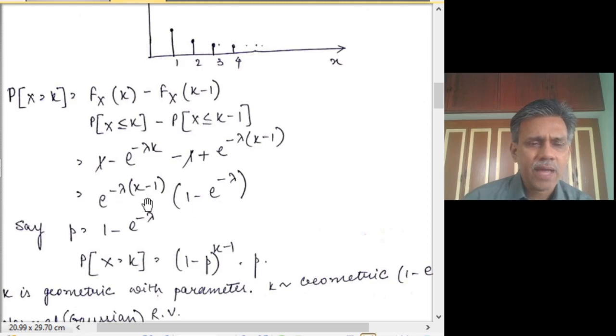So if you look carefully at this one, then if you call this factor p, this factor will be nothing but (1 minus p) power k minus 1. Okay.